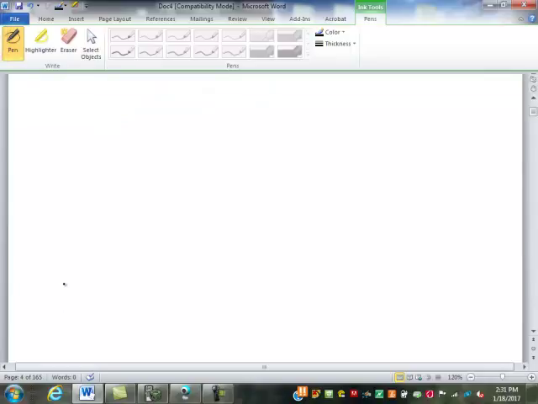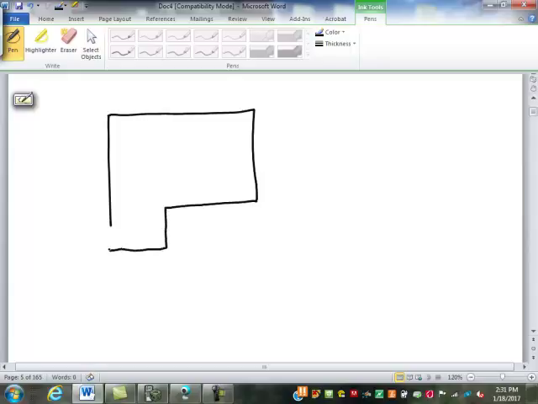Well, how about something a little bit more complicated than that? Let's look at this. I'm going to put numbers in this first example. So in this example here, if I'm assuming all those corners are square corners, what is the value of x?